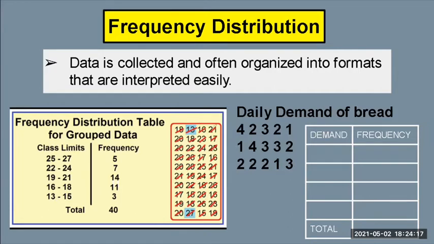If you count here, you are going to find 3 numbers. If you look for 16, 17, 18, then you're going to have 11 numbers. If you find 19, 20, and 21, then you're going to have 14 numbers. As well as 22, 23, 24, and 25, 26, 27, and we have 5 and 7 for those.